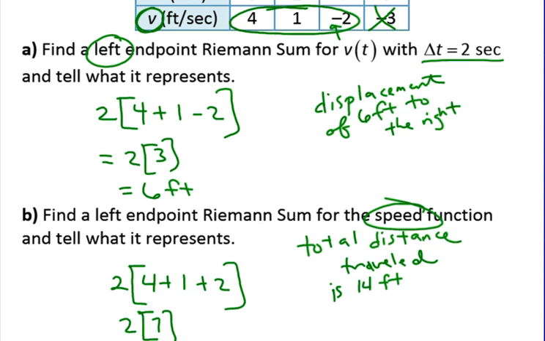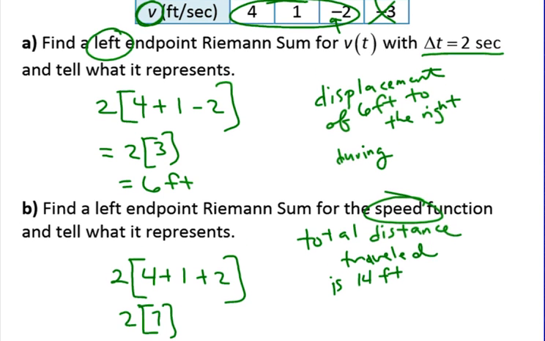Okay, now there's something that I do want to clarify that I'm actually skipping that you really need in your problem. What I'm missing out is being very specific with my times. So for these two answers, for part A it says the displacement of 6 feet to the right during the time interval from, what was it, 0 to 6. And that was in seconds. You want to be very, very specific in your answers.